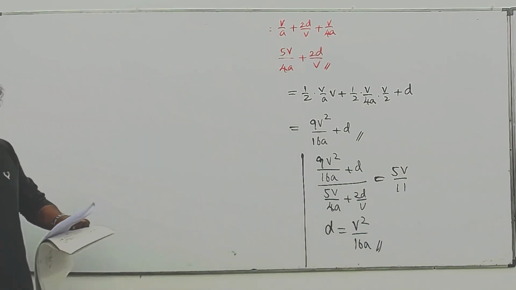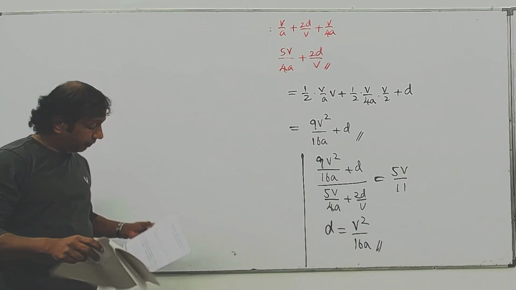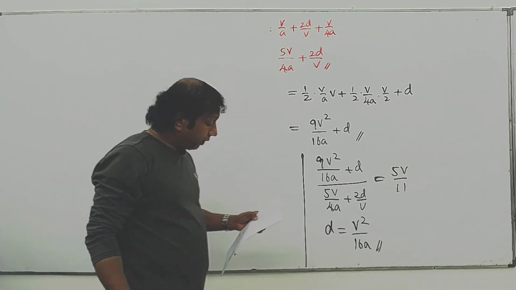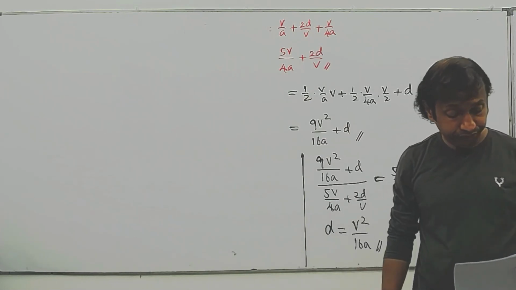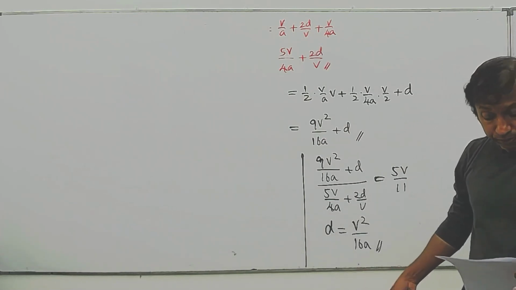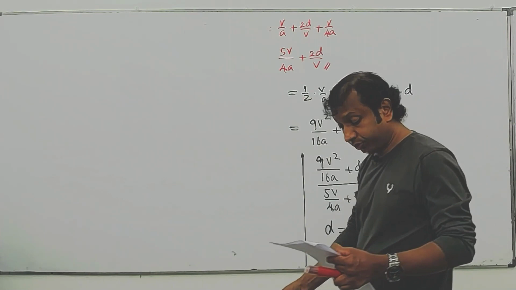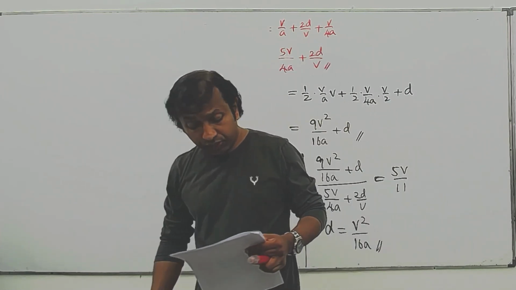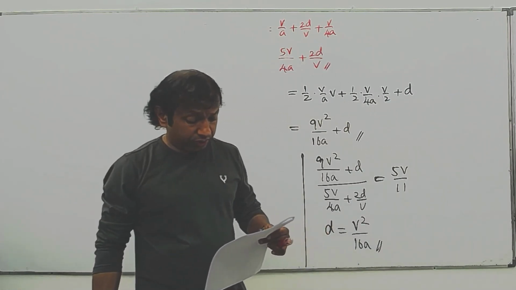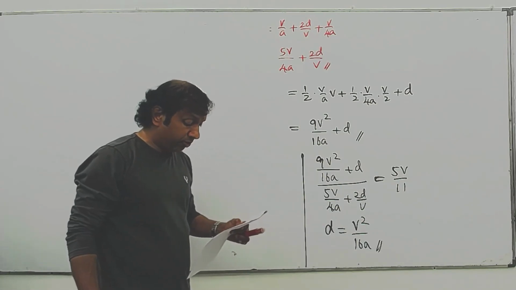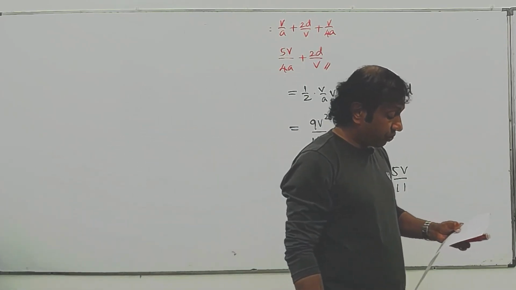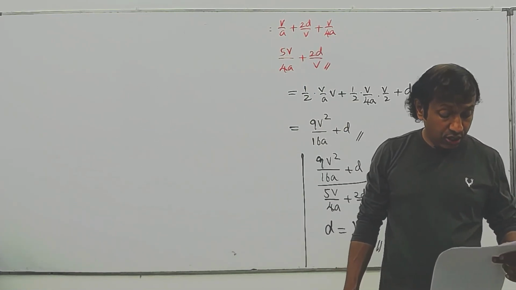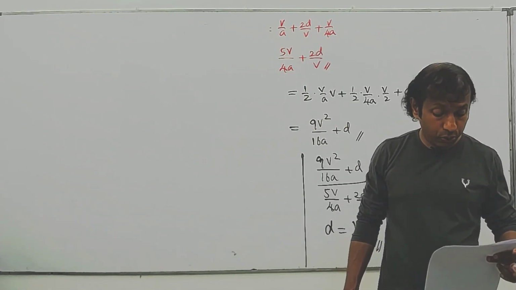Okay, number 6, people, it says: a particle of mass m is released from rest at height a, and after the collision with the horizontal plane, it rebounds to a height a by 2. If the coefficient of restitution is e, show that e equals 1 upon root 2.